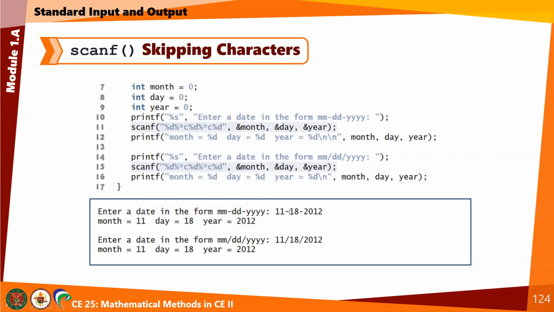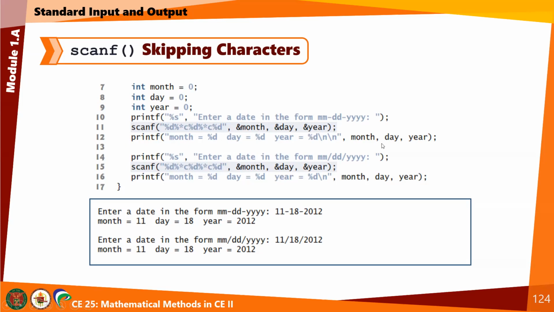So, anything na in between 11 and 18, it will read a character. So, %c, that's a character. And then %d again, it will read the year. %*c, it will read a character, which is here, a dash. Actually, kahit anong character ilagay mo dito eh. Kasi naka-suppress naman siya in asterisk. And then it will read the year.